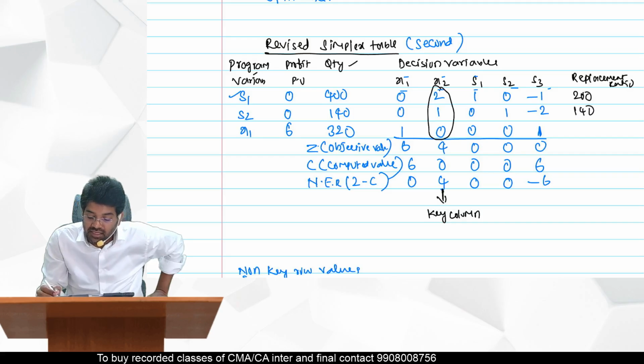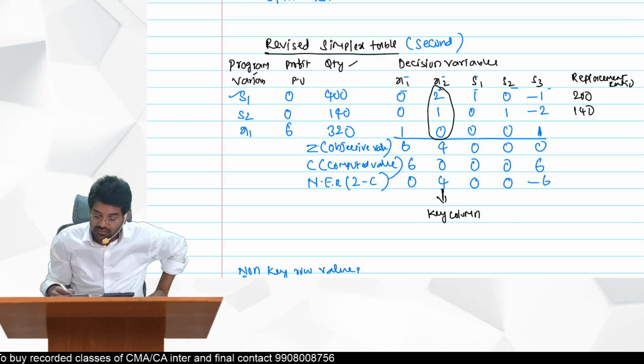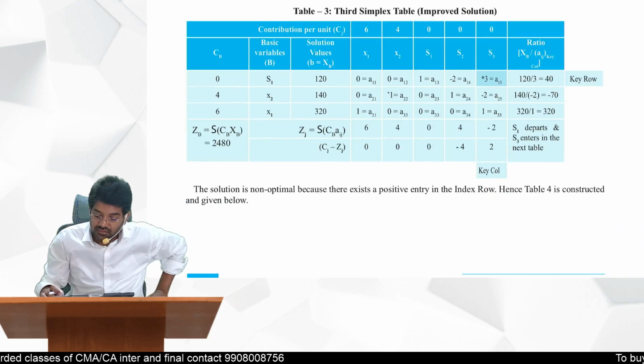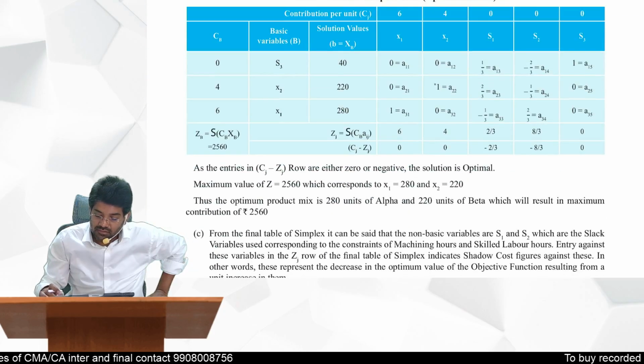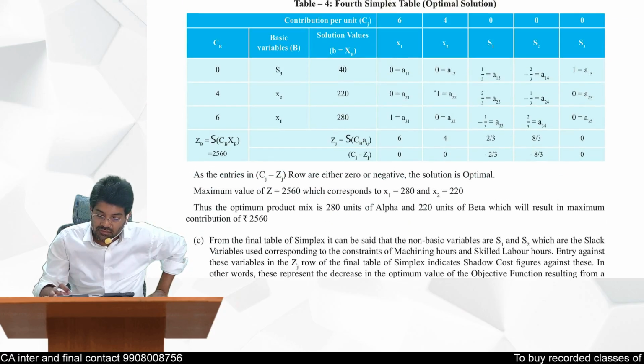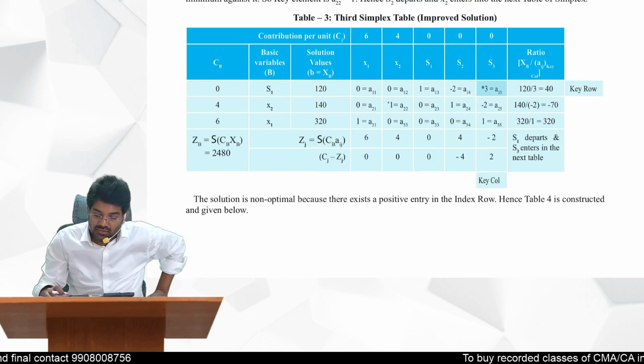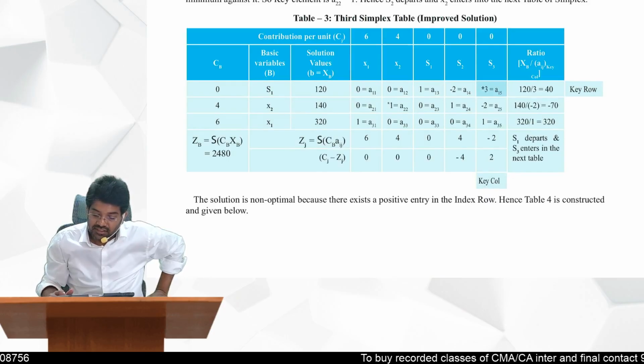320 divided by 0. Even the third one you are not getting.